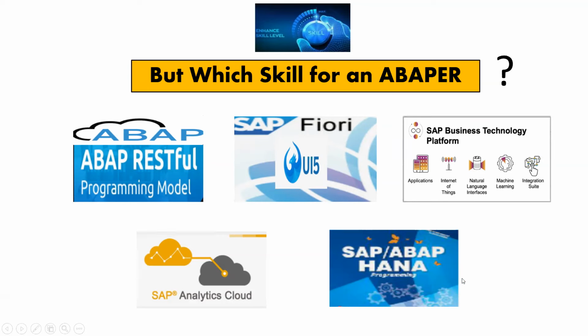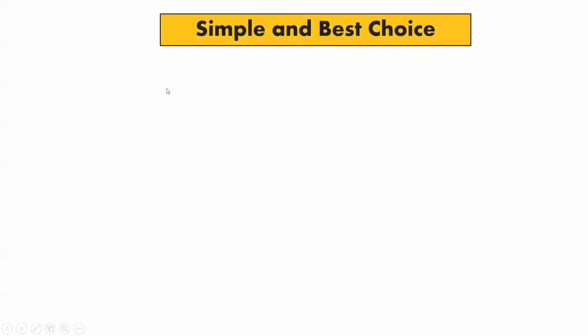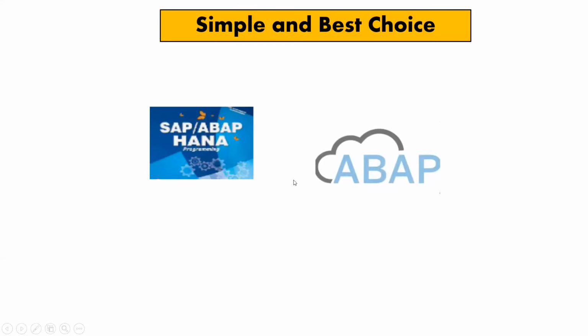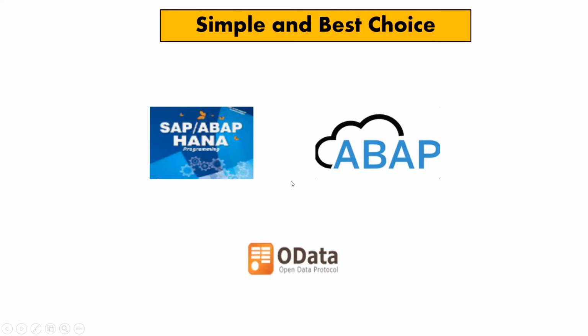It's easier to learn compared with other things, because we are already good in ABAP. We can easily learn ABAP on HANA and ABAP RESTful programming. But for this, you should have a good understanding of CDS and object-oriented ABAP. You can learn OData, right? It is easier to learn. Now, simple and best choice, this is what we have to learn as an ABAPer.